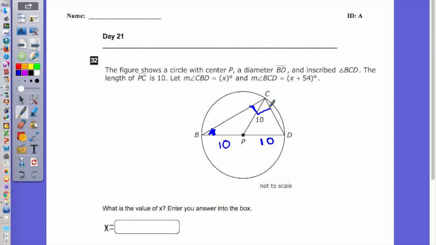We're going to stop talking over here or we're going to leave class. BCD has to be a right angle because it's a triangle inscribed in a circle and the hypotenuse, the longest side, is a diameter. They use that a lot, and as we go through this, you keep seeing that happen a lot.